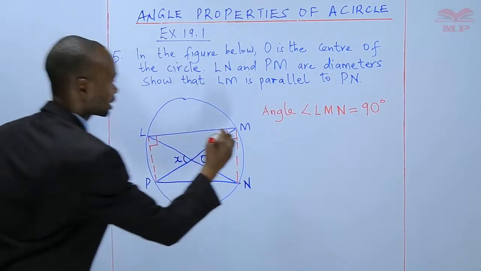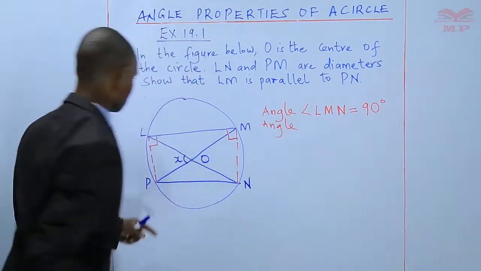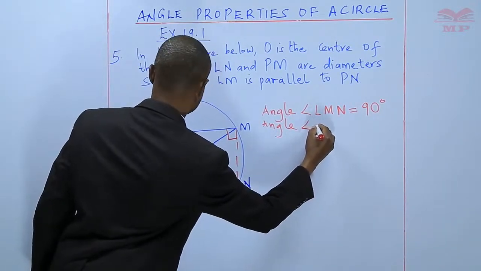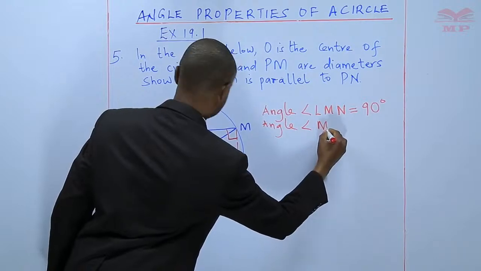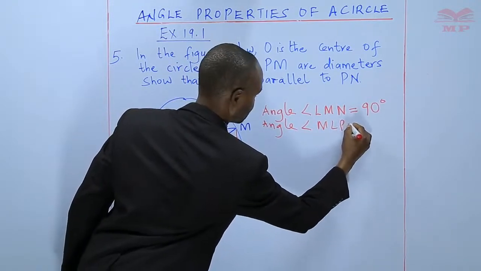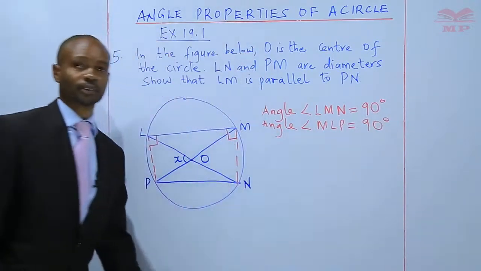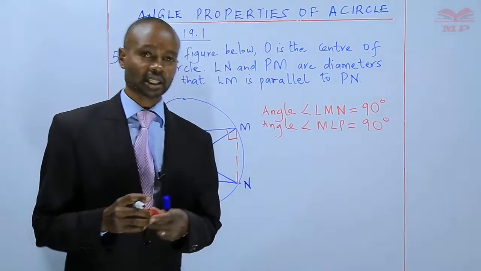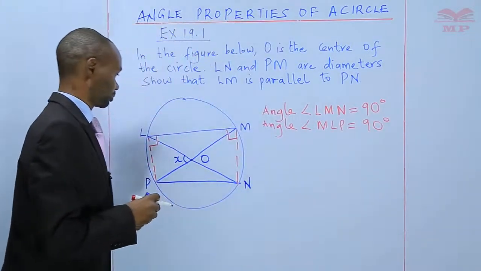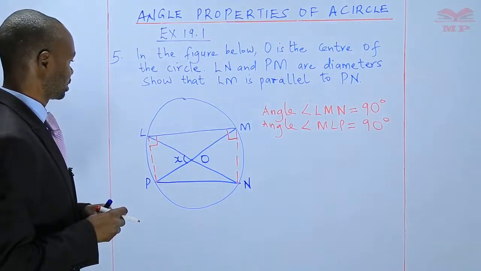So it goes without saying that angle MLP is equal to 90 degrees. We are not done yet. There are two more right angles we'll get.